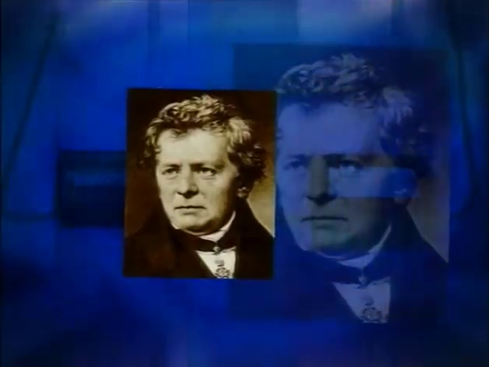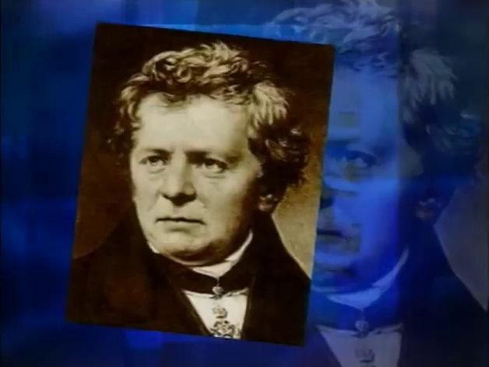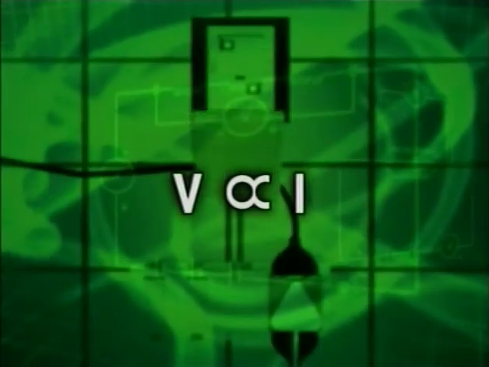In 1827, a German physicist, George Simon Ohm, performed a series of experiments and showed that at constant temperature, the potential difference across a conductor V is directly proportional to the current I. If I is the current and V is the potential difference, V is proportional to I. Changing the proportionality to equality by adding a constant, V is equal to RI.